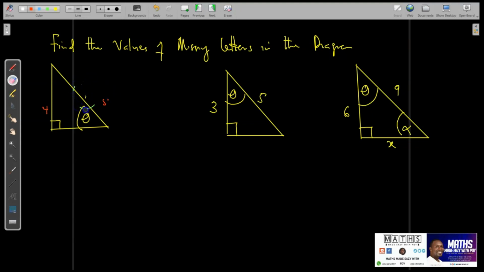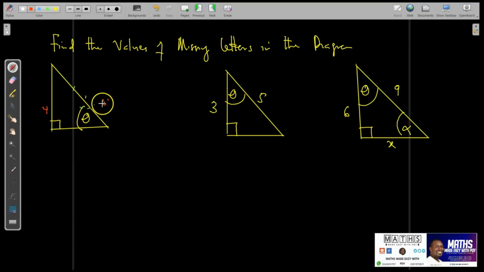Please, are you with me? So this is how the question reads or should read. Therefore, with the new positioning of the 4 and then the 5, this question is now solvable, for the fact that the 4 assumes the position of the opposite side to the angle theta.